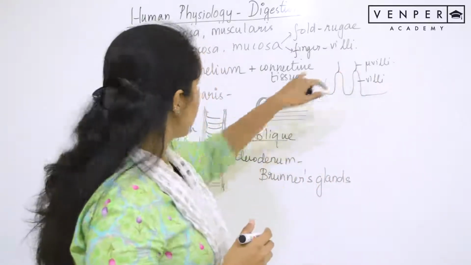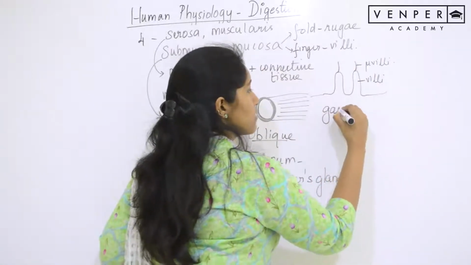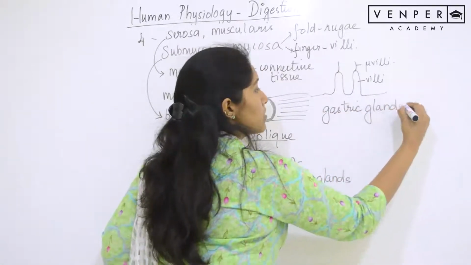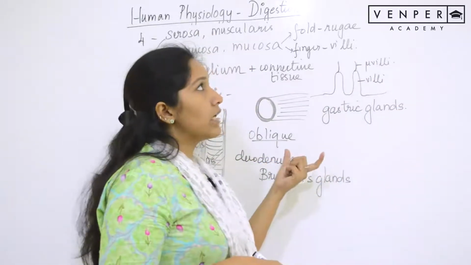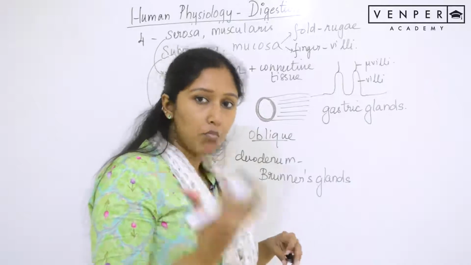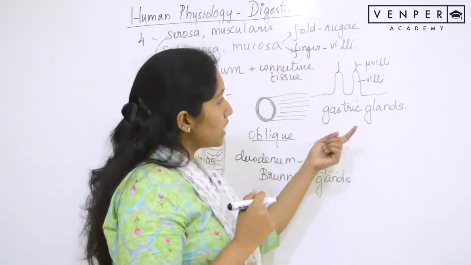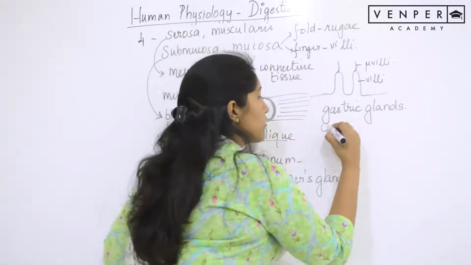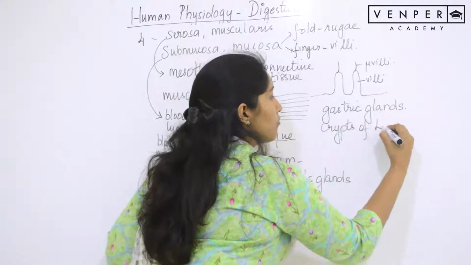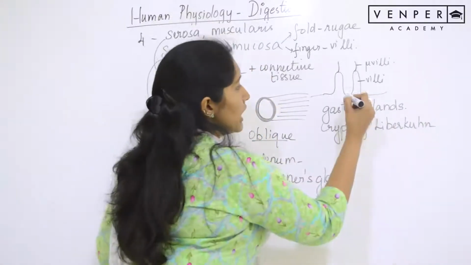In the stomach, the mucosa region houses all the gastric glands. Gastric glands in the stomach and also in the intestine, for example the glands which secrete mucus, are all found in the mucosa layer. And importantly, there are certain structures called crypts of Lieberkühn found in this region.